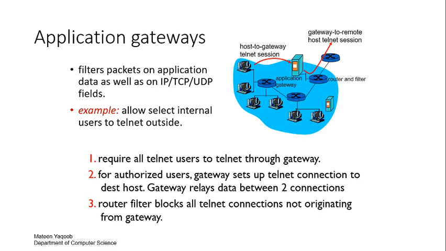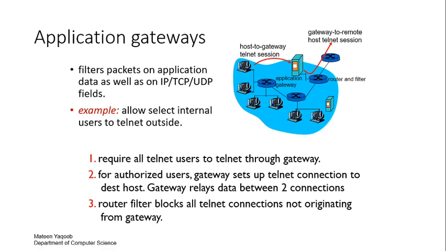So your packets will be filtered based on the application type as well. For example, we will allow an internal user to telnet outside, or only to use a particular TCP service. In that case, we use an application gateway that implements that strategy, so internal users only use that particular type of application.